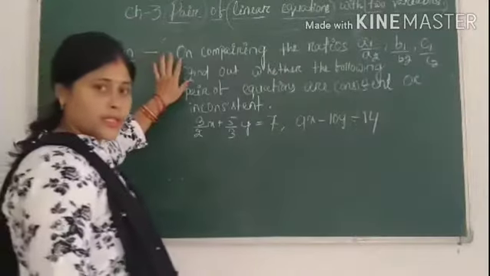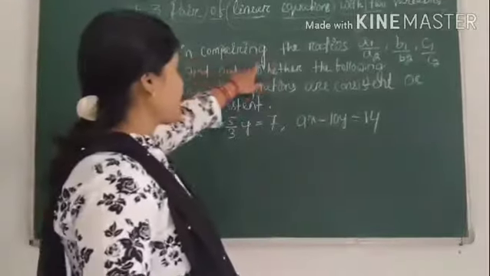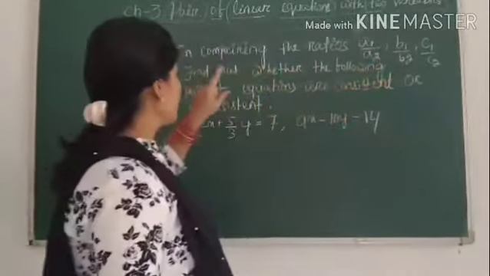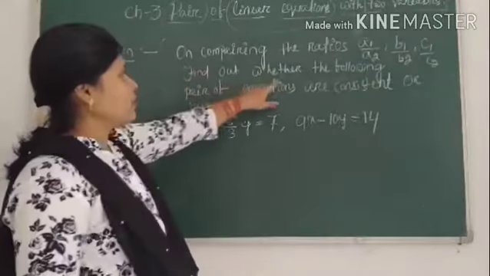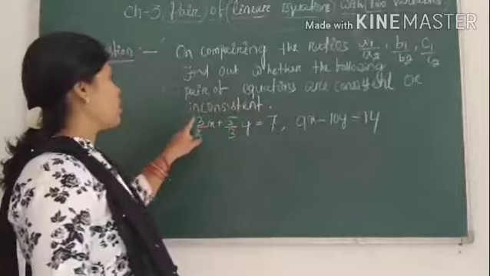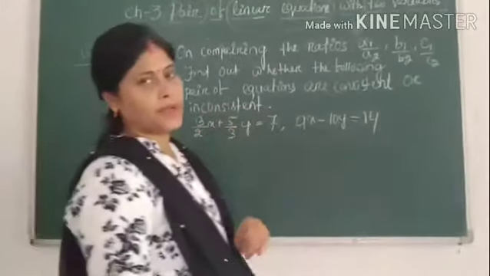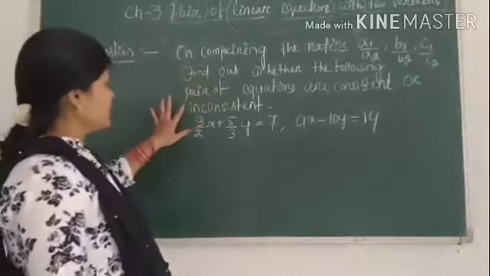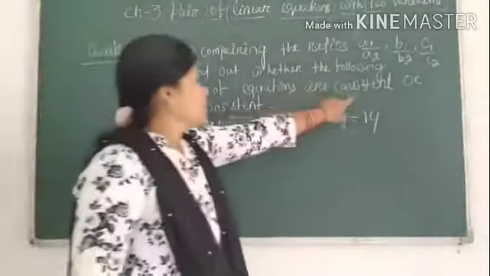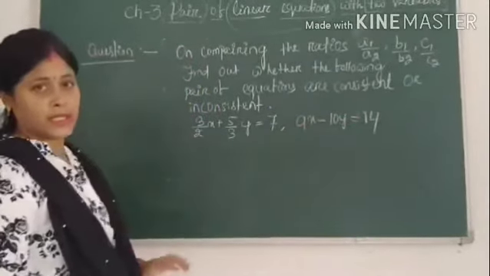Then this is our second question, and your second question is on comparing the ratios a1 by a2, b1 by b2, c1 by c2. Find out whether the following pair of equations are consistent or inconsistent, and equations are given to you. Means you have to find whether the equations are consistent or inconsistent.